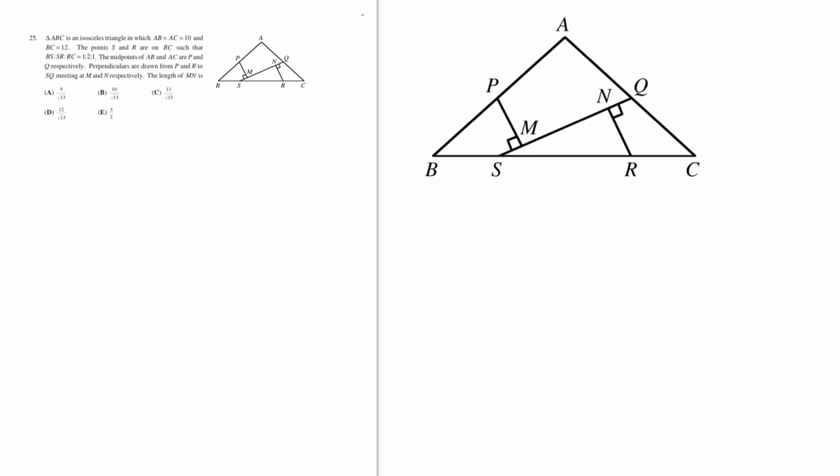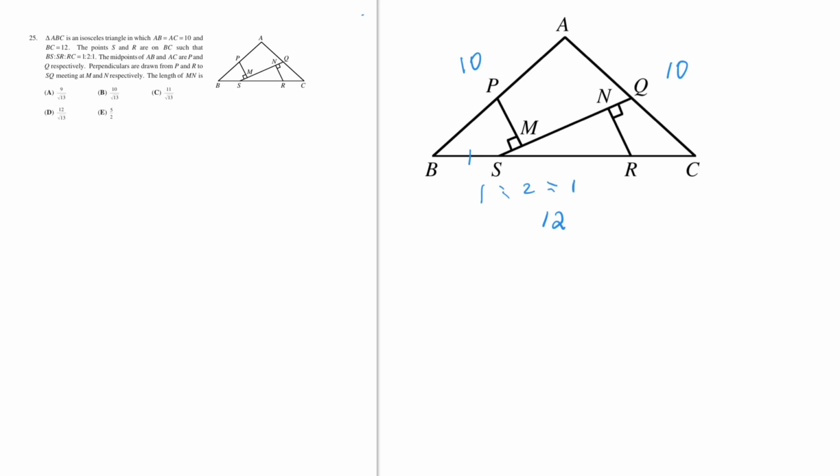Now we label some numbers. AB equals AC equals 10, that's the 10. And BC equals 12. BS, SR, RC is the 1, 2, 1.